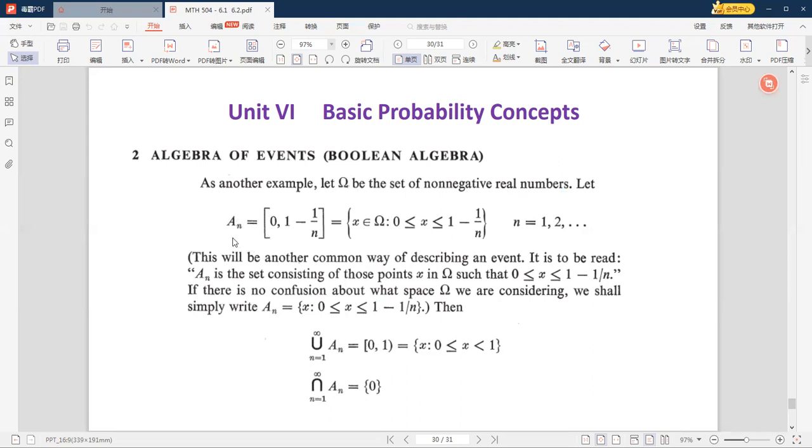And we define an interval, or event, or set, A_n, as the closed interval from 0 to 1 minus 1 over n. That means all the numbers between 0 and 1 minus 1 over n, including the endpoints, where n is a natural number. Okay, any natural number.